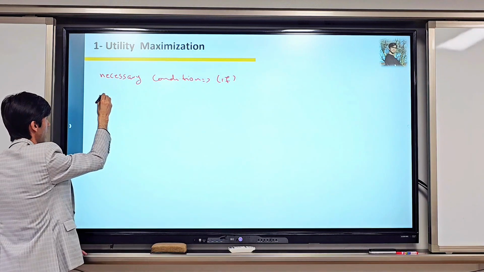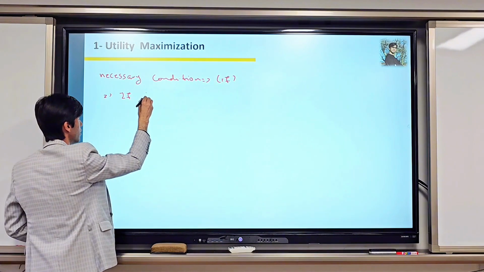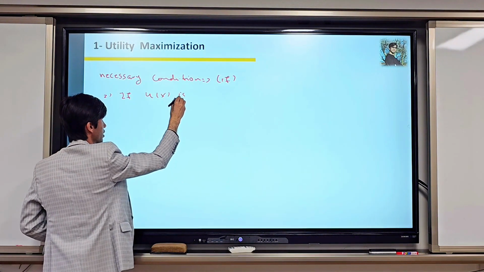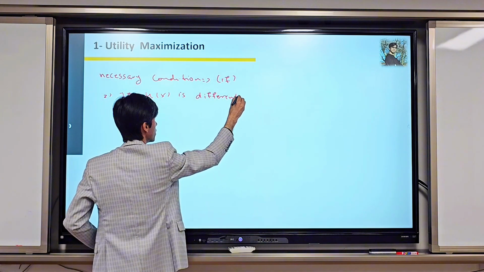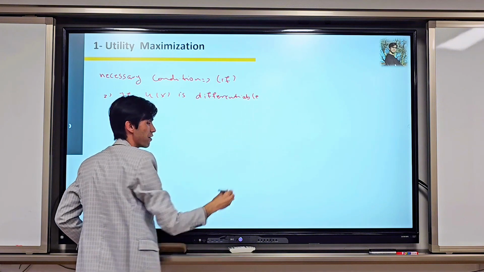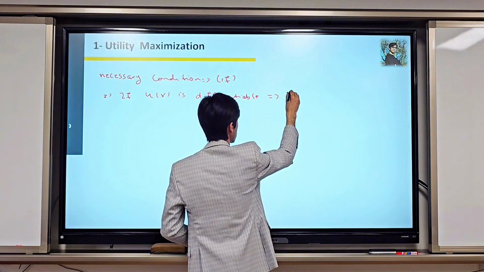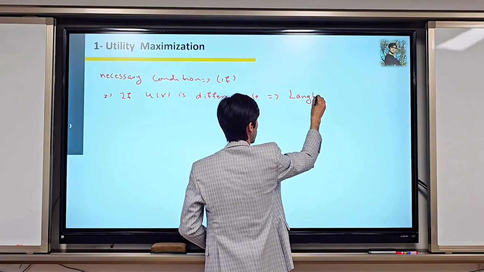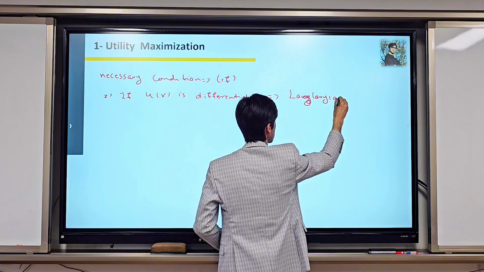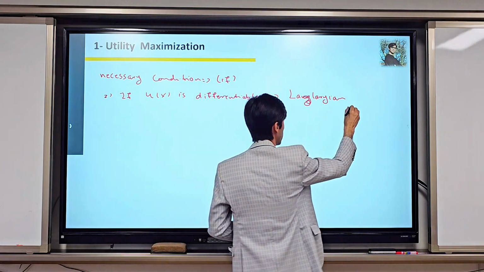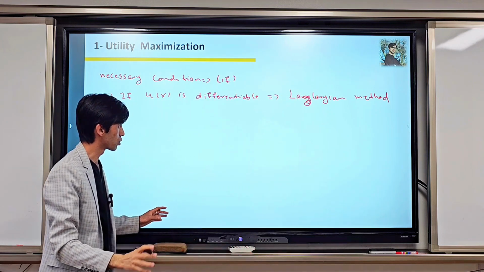It says, if there's a big if, U(x) is differentiable, it means you can take the derivative, then you can use the Lagrangian method in order to maximize the utility.